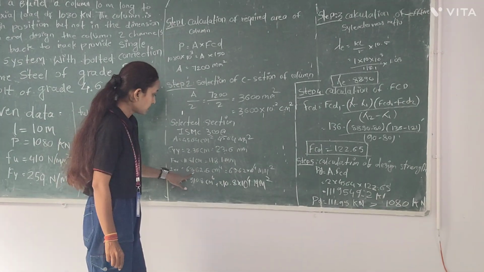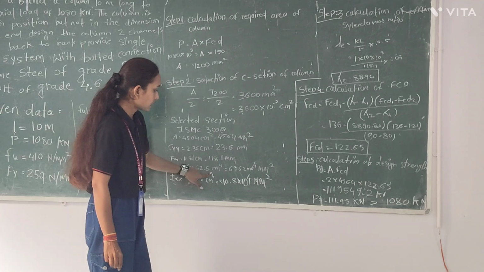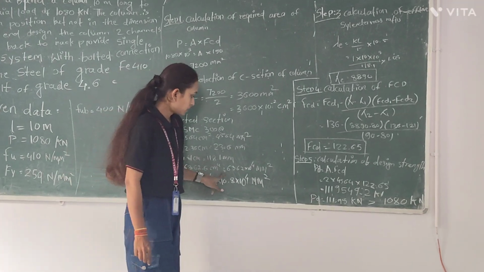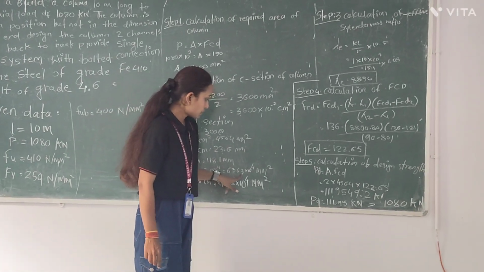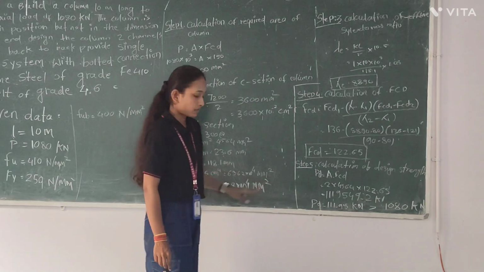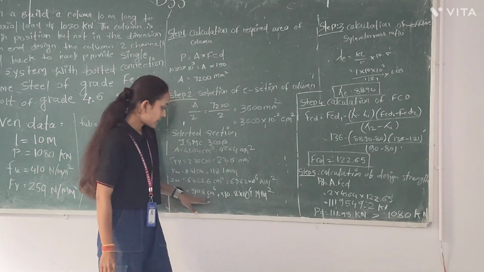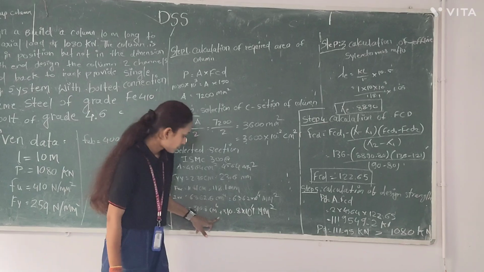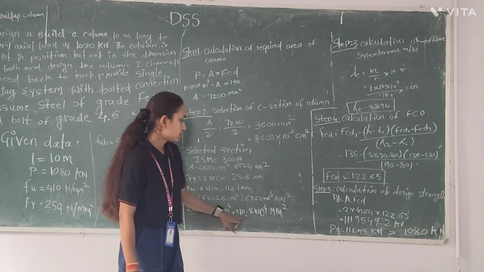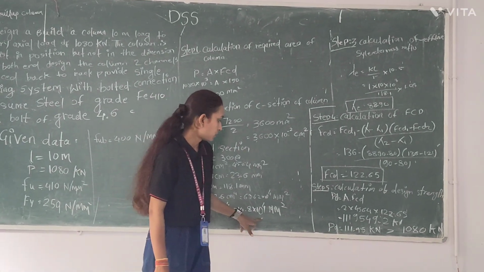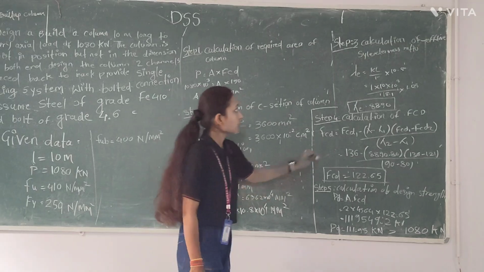Ixx is equal to 6362.6 centimeter 4, which is 6362 into 10 to the power 4 mm 4. Iyy is equal to 310.8 centimeter 4, which is 310.8 into 10 to the power 4 mm 4.